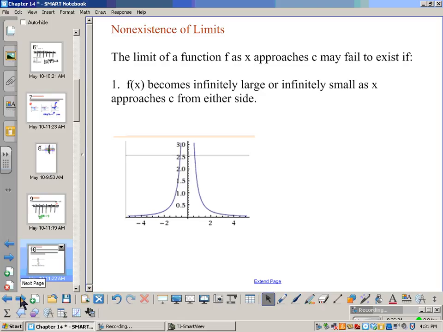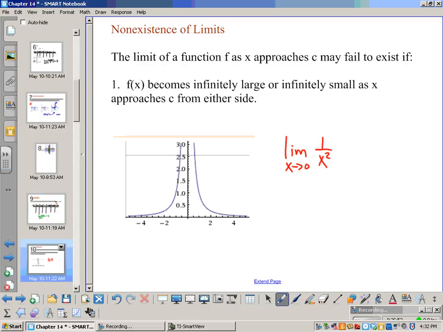All right, there are actually three different situations in which a limit is not going to exist that we're going to talk about. This is the first one, and it's when f of x becomes infinitely large or infinitely small as x approaches c from either side. So in this case, I may have been asking to find the limit of the function 1 over x squared as x approaches 0.